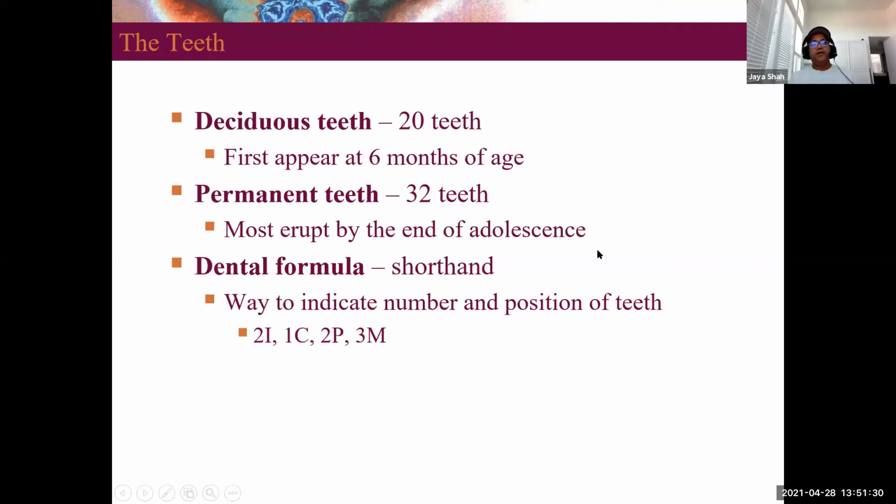There is a dental formula shorthand to indicate which teeth are which. If we say 2I, 1C, 2P, 3M, it means two incisors, one canine, two premolars, three molars.